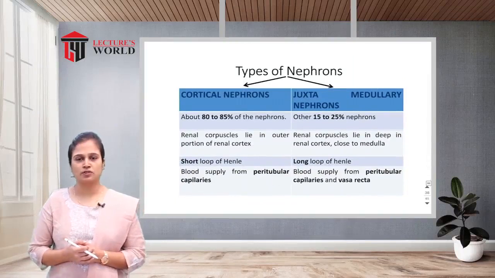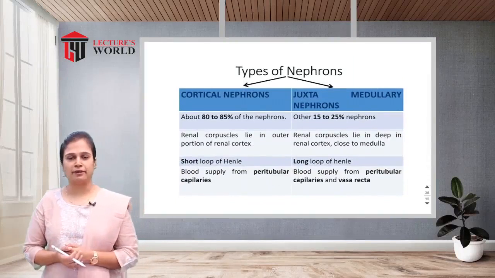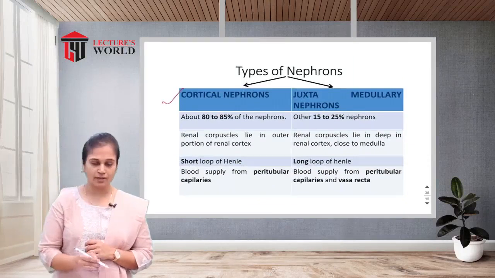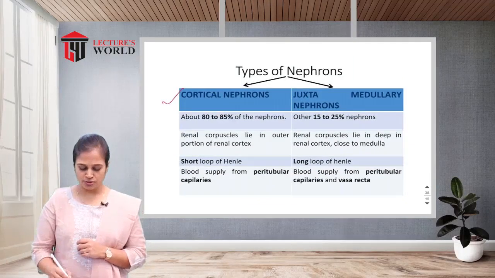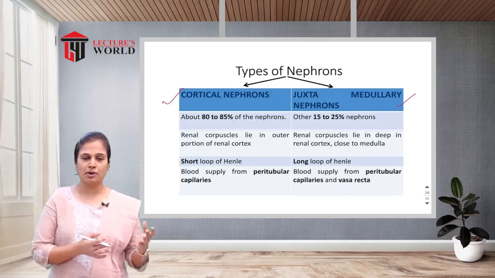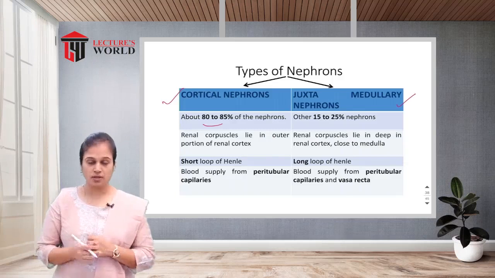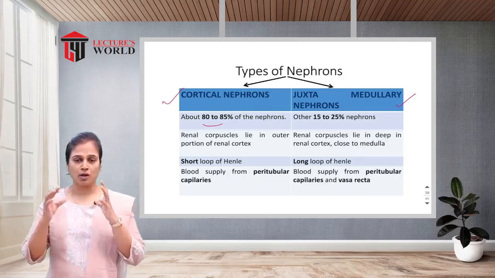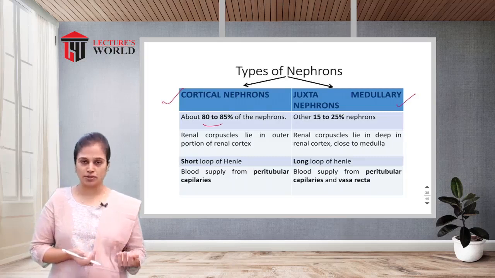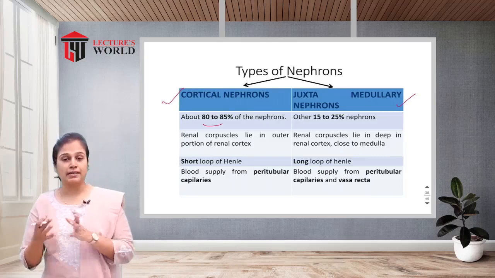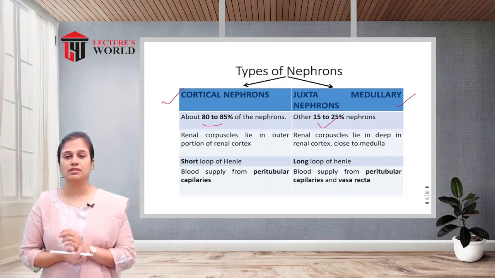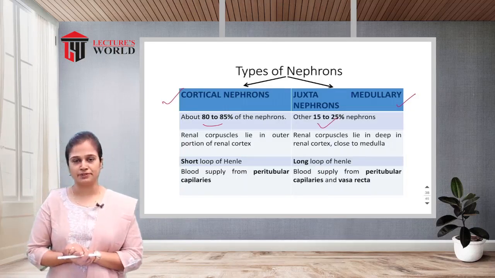Now we will talk more about the types of nephron. There are basically two types of nephron, cortical nephrons and juxtamedullary nephrons. Cortical nephrons are about 80 to 85% of the nephrons, and the rest, 15 to 25%, are the juxtamedullary nephrons.